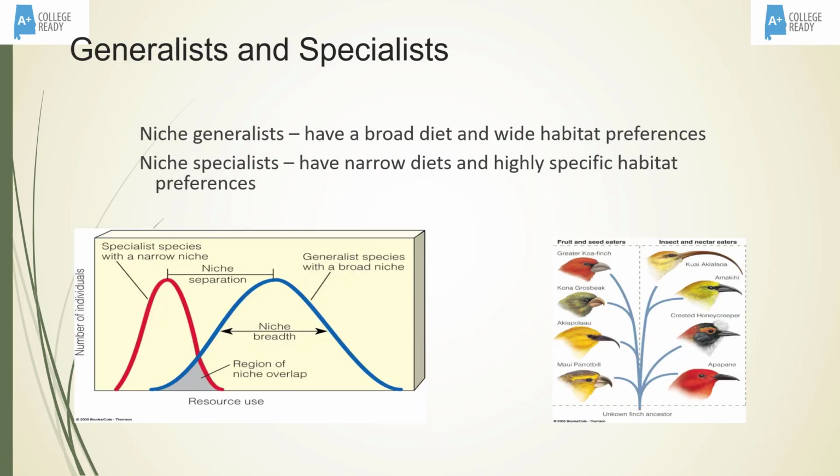As we continue into our biodiversity notes on species, we have to review a little bit of our biology and talk about what kinds of species we have, generalists versus specialists. You may have also discussed this as R-selected and K-selected species, whereas R-selected are those which are mainly concerned with just numbers, reproduction.